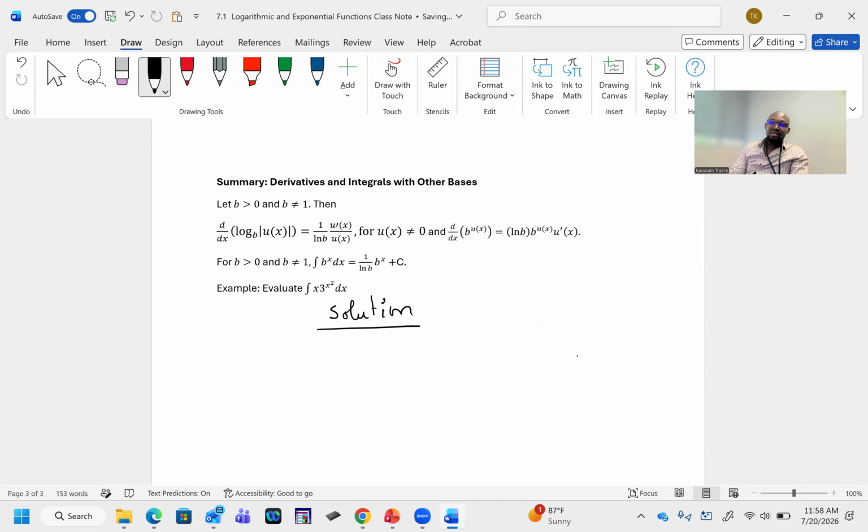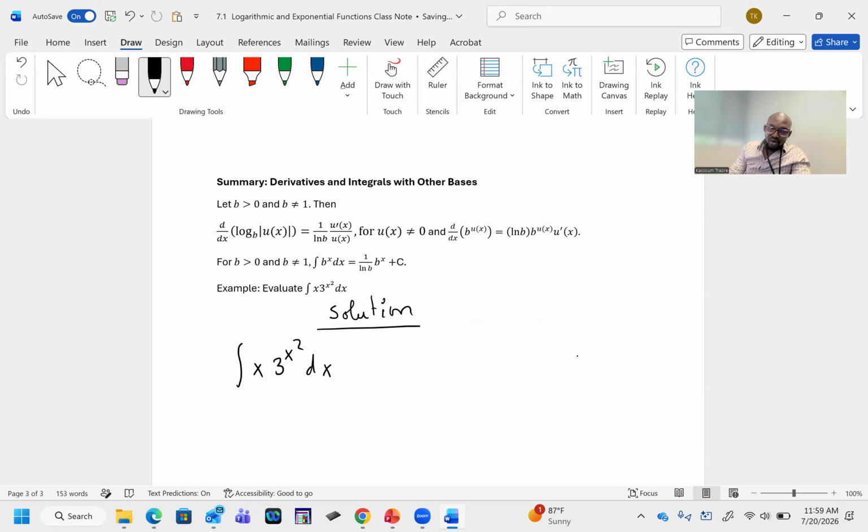So you always need to know if you have to do substitution, or in the future we will talk about another way to do integration, okay? So this one is the indefinite integral of x times 3 to the power of x squared dx, right?